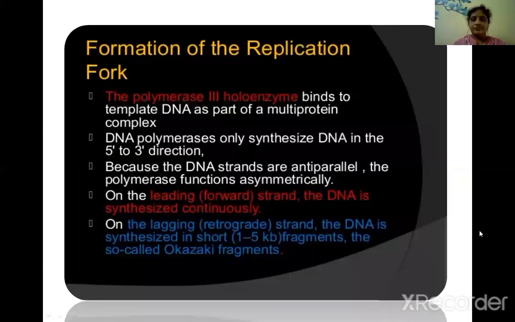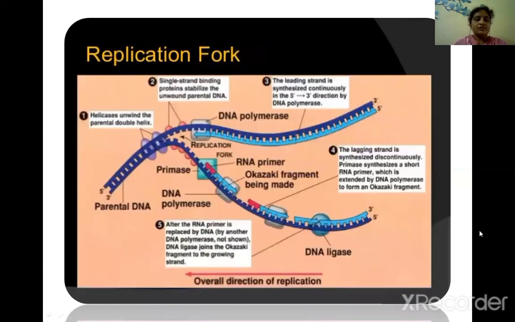The sliding clamp in turn promotes the binding of core polymerases. Next, formation of the replication fork. As the DNA unwinding takes place, positive supercoils are generated ahead of the replication fork, which promotes the binding of gyrase that removes the positive supercoils by introducing negative supercoils into the DNA.